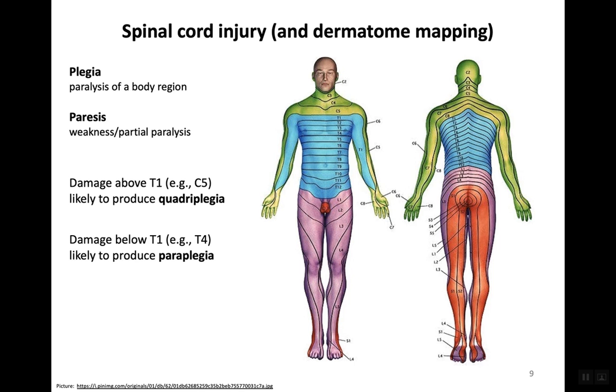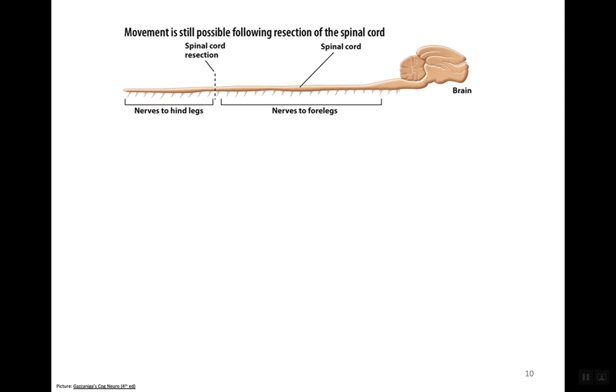And we know a lot about this from animal studies. For instance, what happens if a resection, a surgical cut through the spinal cord, takes place in the spinal cord of a cat? Let's say at the level at which we expect that nerves to the hind legs would be completely damaged.